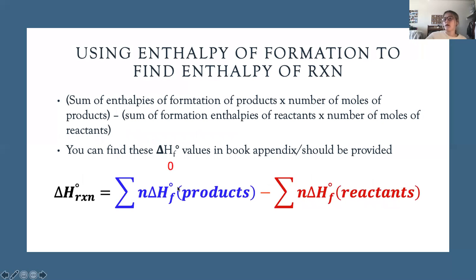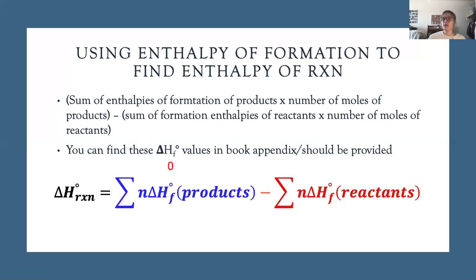Okay, so kind of what I was just saying, using enthalpy of formation to find enthalpy of reaction. I put it into words because sometimes this equation can be confusing. In order to go from an enthalpy of formation, which is kind of like a given, you'd find it on a formula sheet. It's not something you calculate.